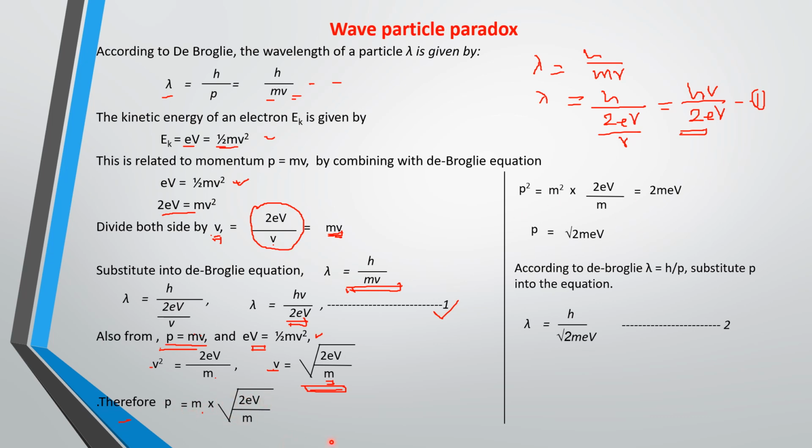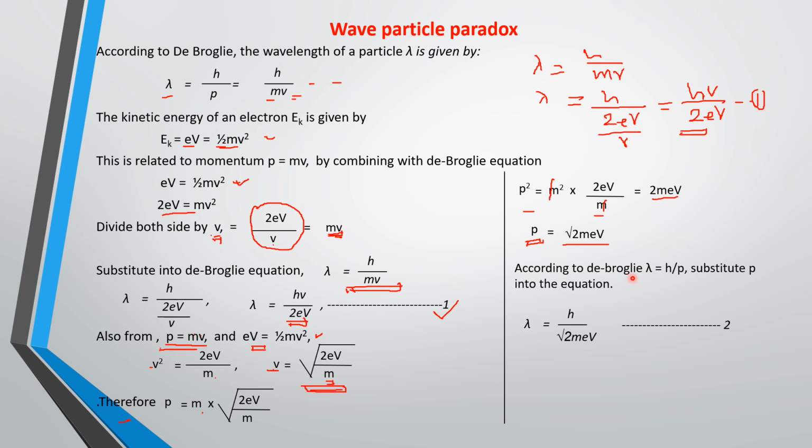From here you can cancel, and when you square both sides, that gives you p equals the square root of 2 times mass times electron volts. So you have gotten the value of momentum here. This is your p.